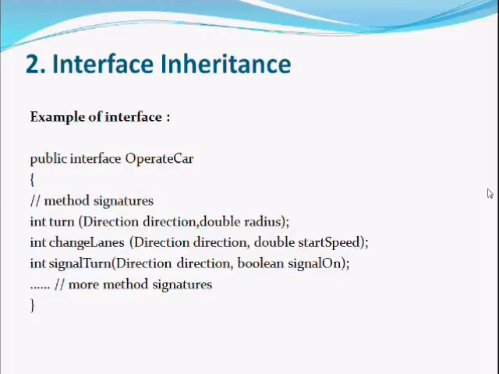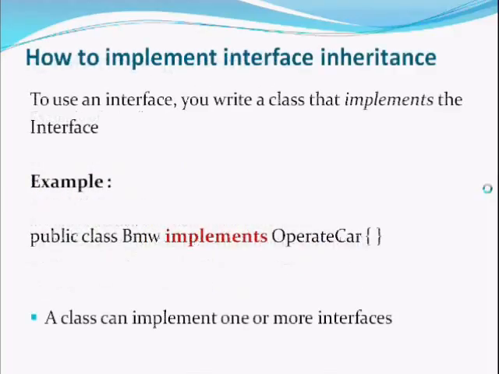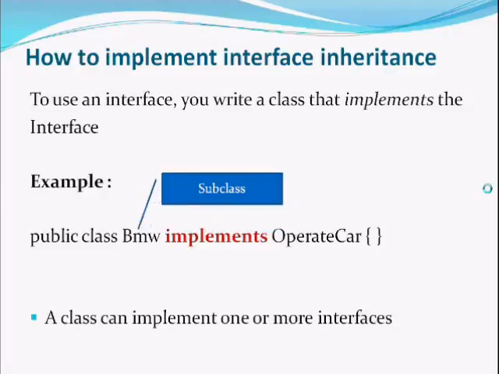Interfaces cannot be instantiated; they can only be implemented by classes or extended by other interfaces. In this example, there can be any number of method signatures, but those methods are not implemented inside the interface. Note that the method signatures have no braces and are terminated with a semicolon.